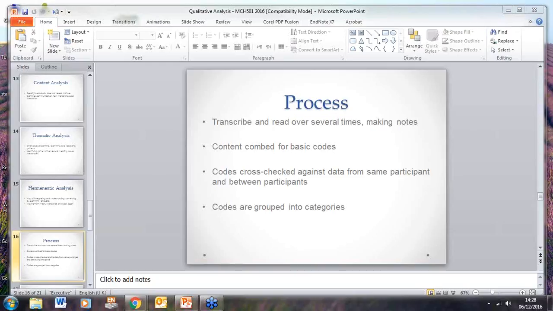Because it isn't until you've read something more than once that you're really going to be able to get to grips with what the article has said and what it really means. And then start coding the content. And how you choose to code it is completely up to you. Now, there are great pieces of software you might access when you come to do your own research that look for particular words and phrases in a text.